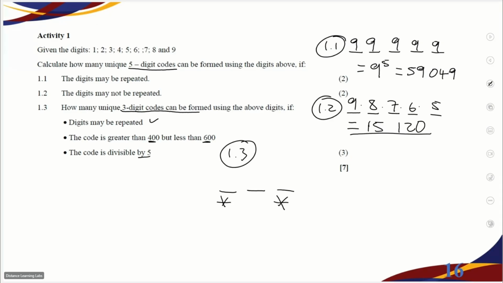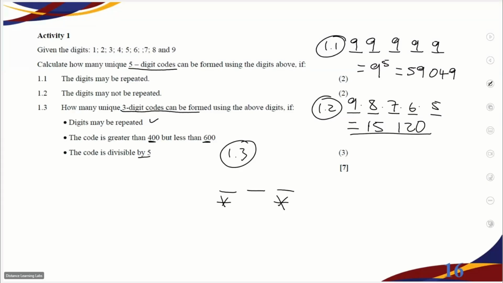Now let's check what competes on the restricted positions. On the digits that are given, 1 up to 9, for a 3-digit code to be greater than 400, less than 600, it cannot start with 1. Any 3-digit number that is starting with 1 is less than 400. It cannot start with 2 and 3.